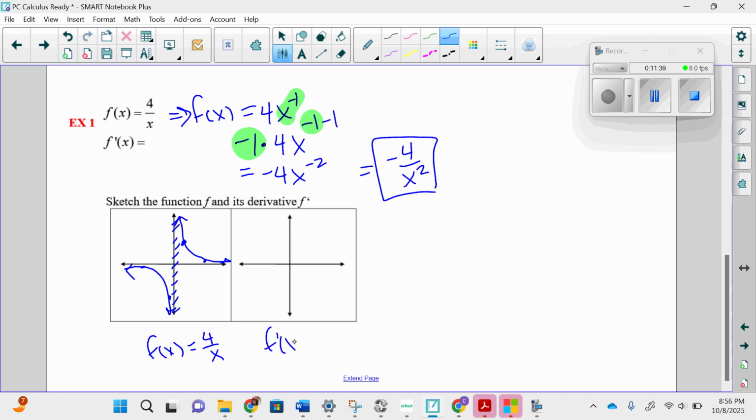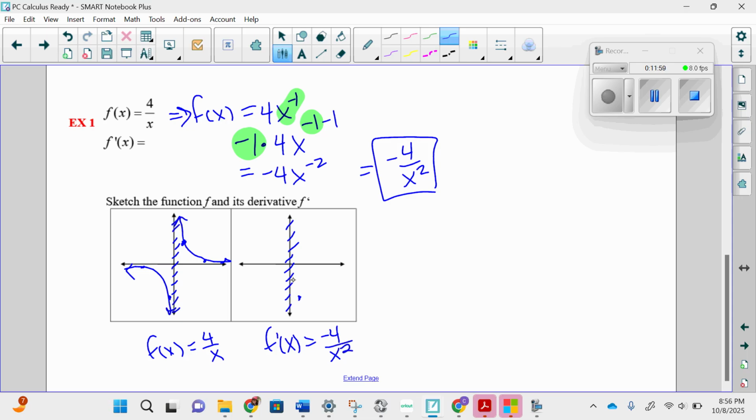F prime of x is negative 4 over x squared. So again, I have a vertical asymptote at x equals 0 because we cannot divide by 0. And again, making a quick table, when I substitute in positive 1, I get out negative 4.